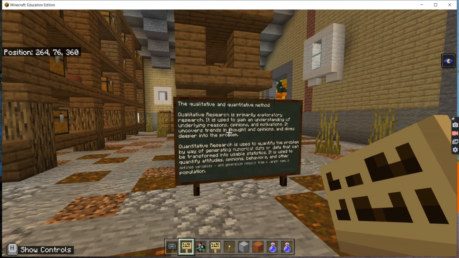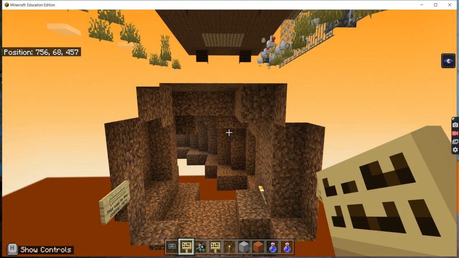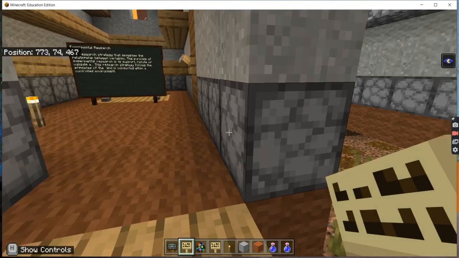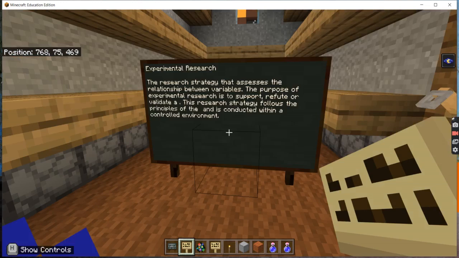Layer 3 has 6 points, starting with experimental research, which involves manipulating the independent variable while observing the dependent variable.